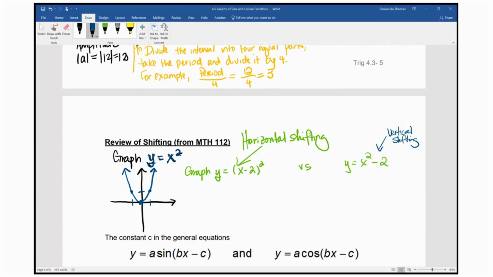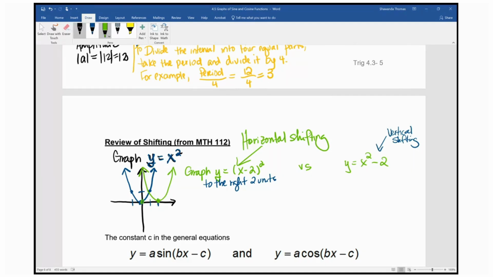This will be horizontal shifting to the right 2 units. It's opposite of what you think it's doing. It says minus 2, but it's going to go to the right 2 units. I look at the bottom part as my anchor, and I shift it over horizontally. So this is x minus 2 squared in green here.